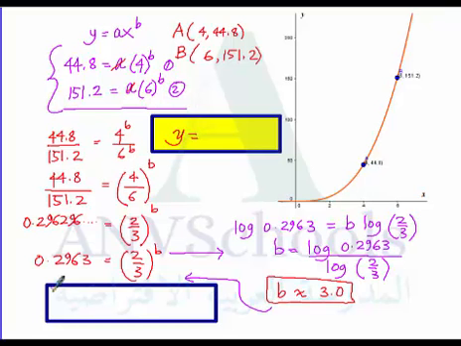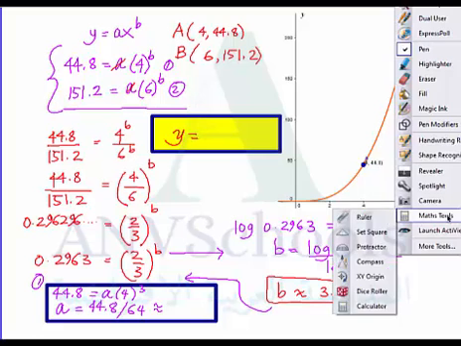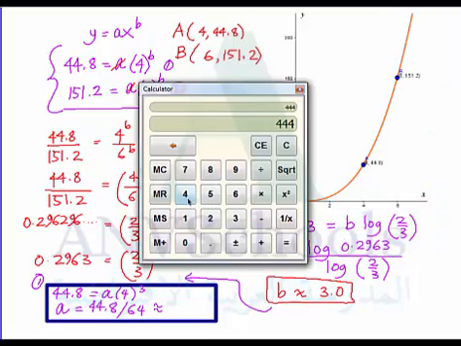So for 1, then 44.8 is equal to a, 4 raised to 3, and that would give us a is equal to 44.8 divided by 64. So our a is approximately, let's make use of our calculator. 44.8 divided by 64.